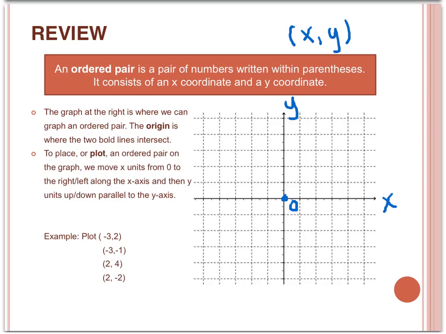To practice, we can plot a few points. The first is (-3, 2). The 3 is a negative number, so from O we're going to move 3 units to the left. 2 is a positive number, so we are going to move 2 units up. This point is (-3, 2).